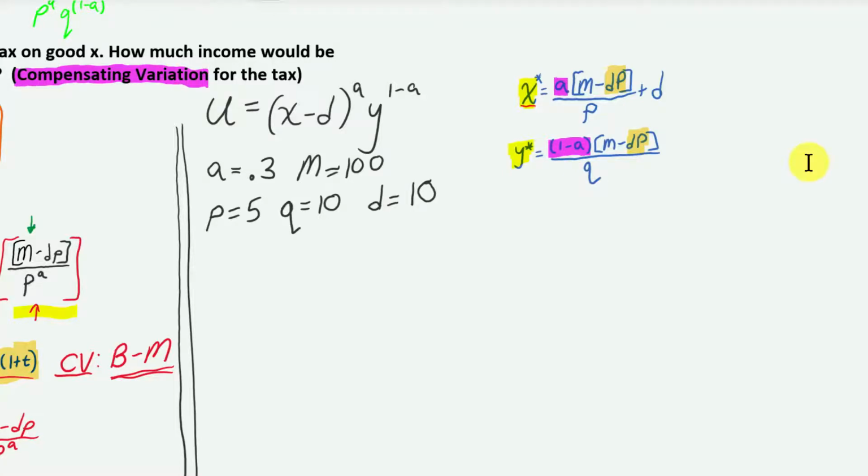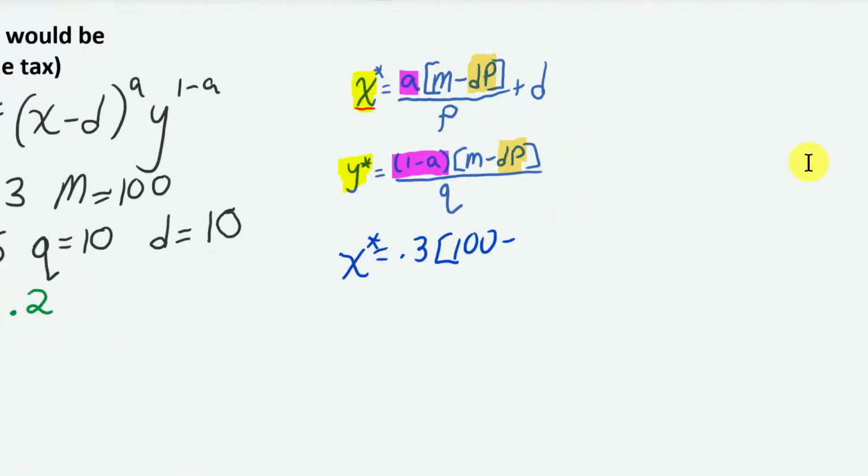And then when we do the tax rate, let's assume that the tax rate is 20% on good X, or 0.2. So pre-tax, using our demand functions we had, we're going to have X star equals 0.3 times 100 minus 10 times 5 over P, which is 5, plus 10.